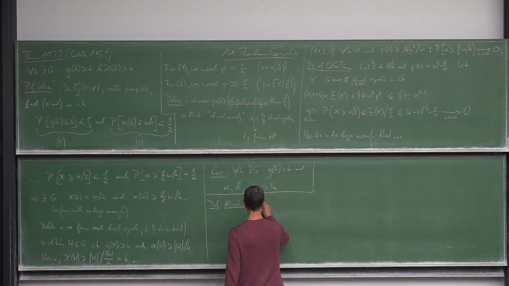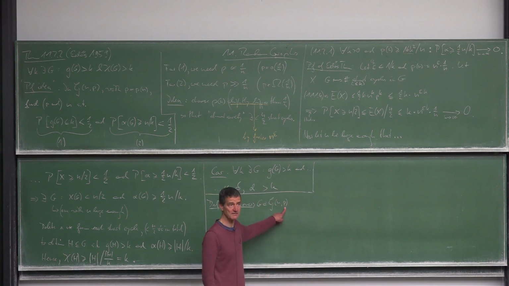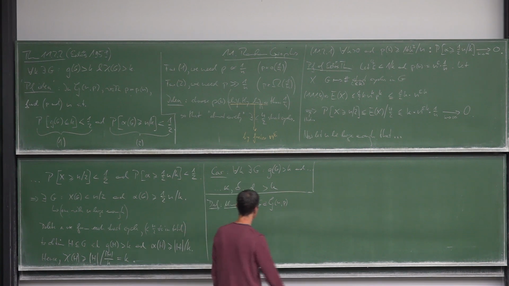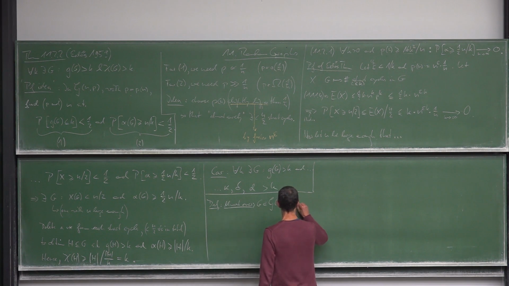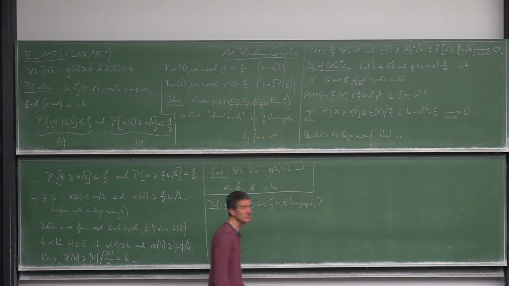Almost every graph in G(n,p), where p doesn't have to be constant, it can be a function of n just as before, almost every graph has property curly P, any property, if, what's the definition of this statement?